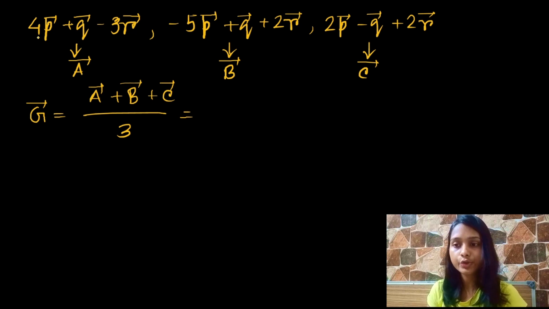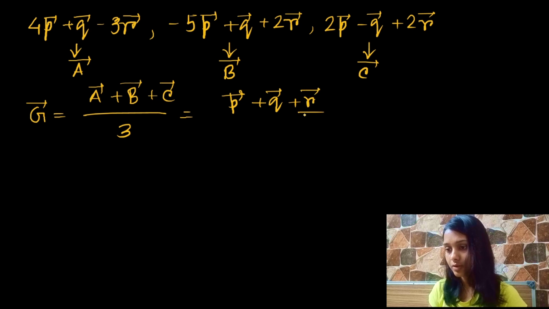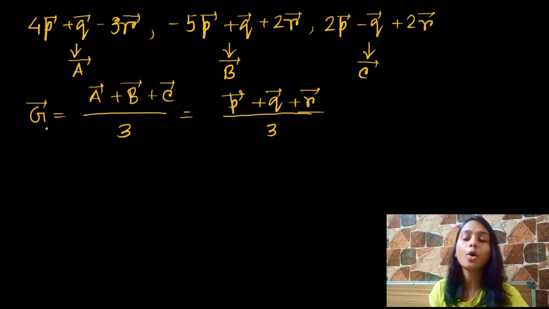So 4p minus 5p is minus p, and 2p gives plus p. Then q plus q, 2q minus q, gives again q. Minus 3r plus 2r is minus r, and again plus 2r gives r. So this divided by 3. So we have obtained the centroid.